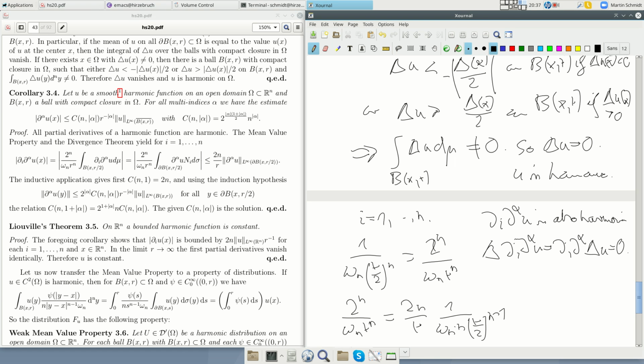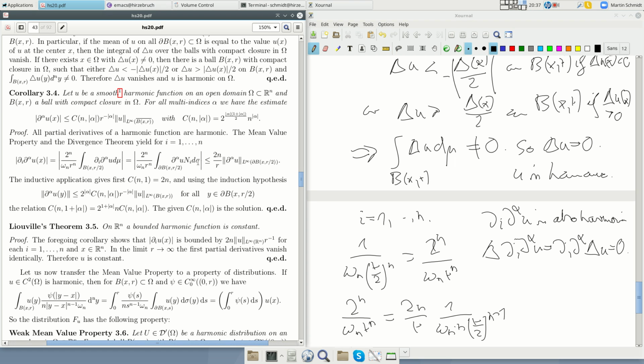Since these 2r's give Rn minus 1, here we have the omega n, the n cancels, here we have 2, and here we have 2 to the power of n minus 1, together they give 2 to the power of n. So this is the same. So if we insert this here, then we see that this is 2n over r times the mean of this function.